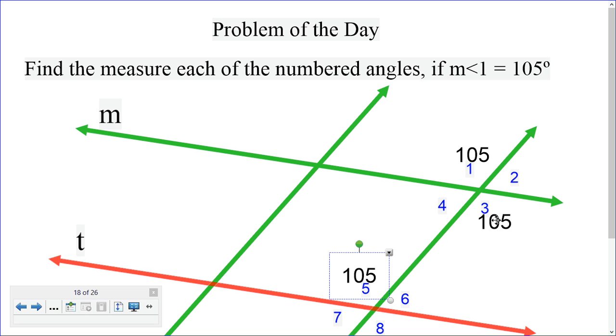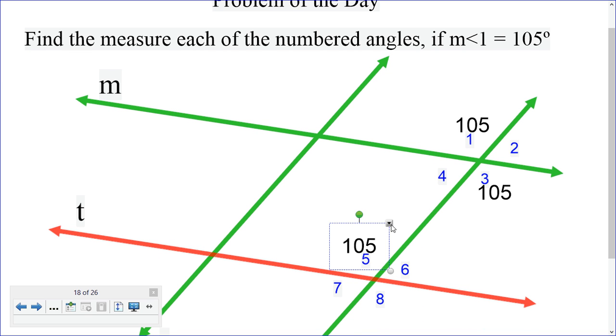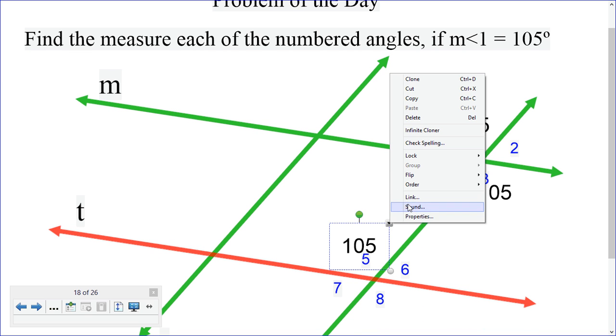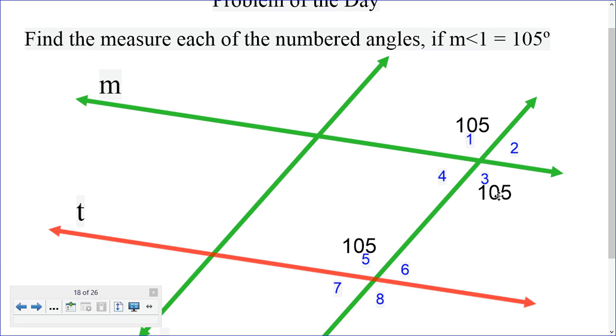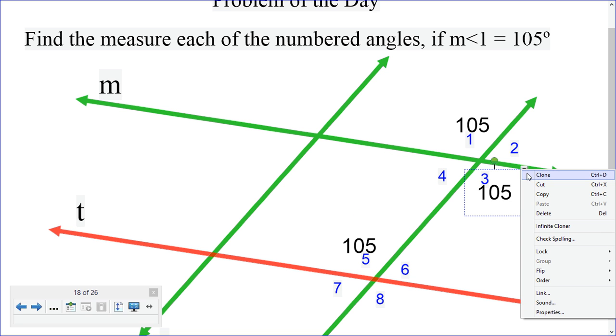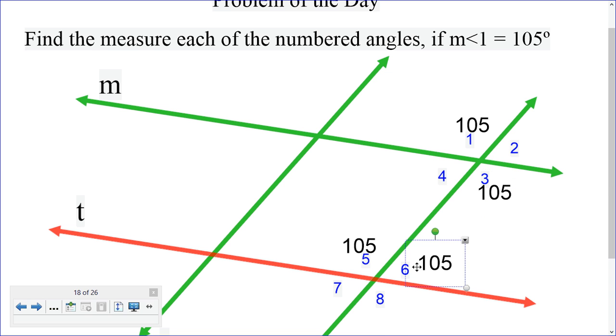And I notice angle 3 is an interior angle and 5 is its alternate. So those are equal. And if I go down a little bit, angle 3 corresponds to the same position where angle 8 is, which is down there. Or I could just say 5 and 8 are vertical angles.